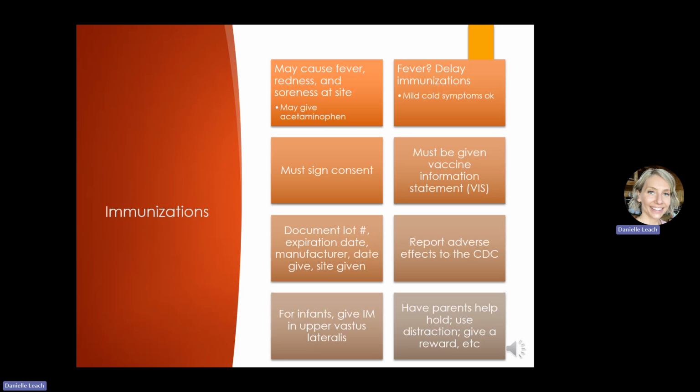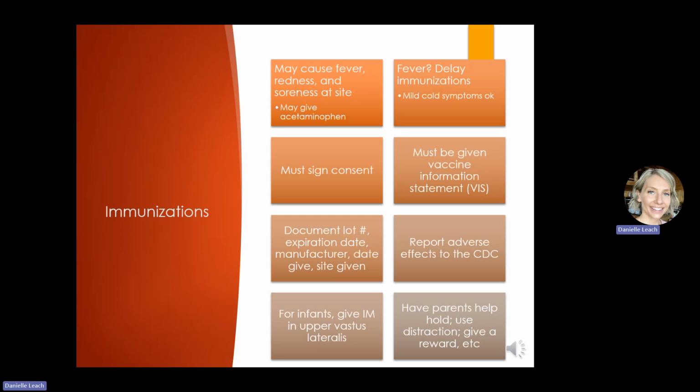When we're giving the vaccine, we can have parents help us hold. For a baby, you probably won't need help holding unless it's an older baby, possibly. But especially toddlers or young school-age children are usually fairly scared to get vaccines if they are old enough to know what's going on.